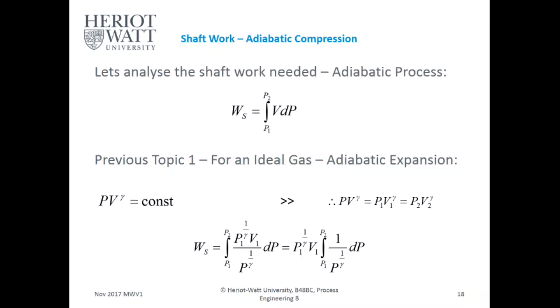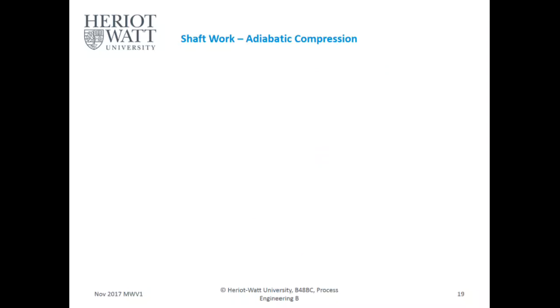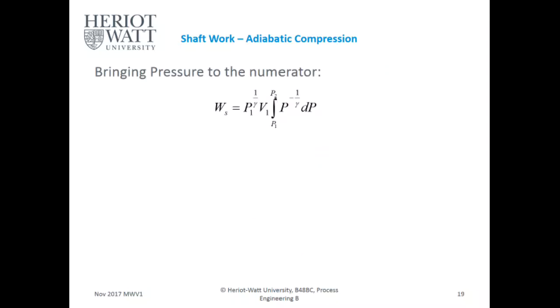It's P^(1/gamma) to cancel out the gamma on V. And then from there it's quite easy. Yeah? So bringing pressure to the numerator, you get P1^(1/gamma) V1 times the integral of P^(-1/gamma) dP from P1 to P2.